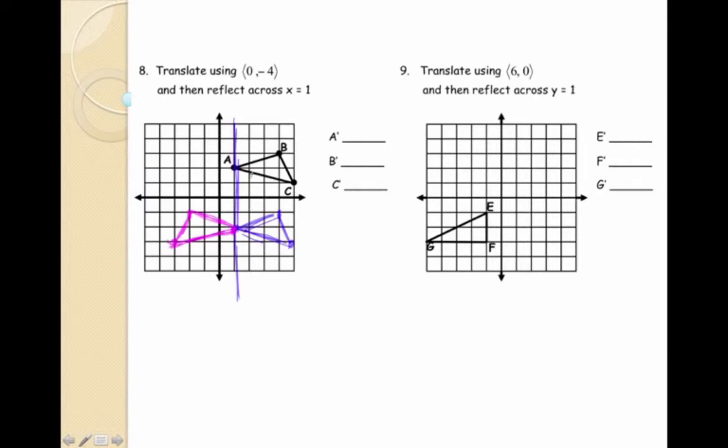So A prime is 1, -2. B prime is -2, -1. C prime is -3, -3.